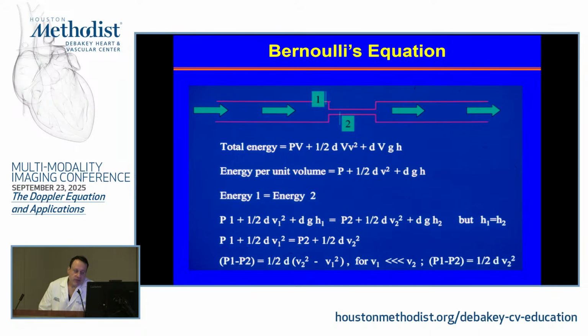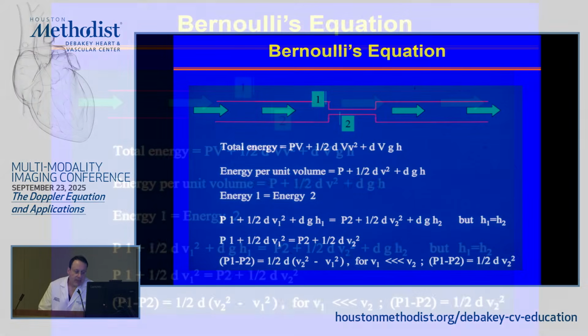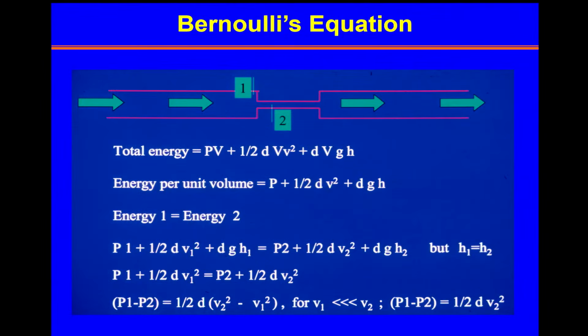Given the conservation of energy, energy at point 1 equals energy at point 2, and now we have that expression. Since the height above the center of gravity is the same, the potential energy term can be canceled from both sides. And so we have pressure at point 1 plus kinetic energy at point 1 equals pressure at point 2 plus kinetic energy at point 2.